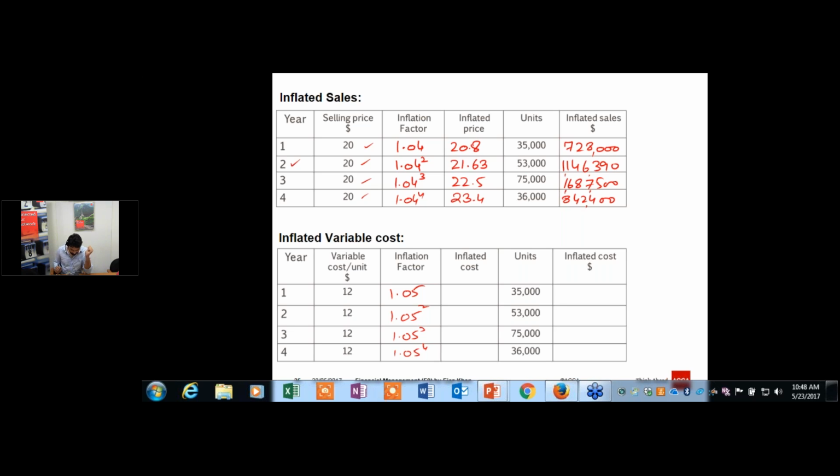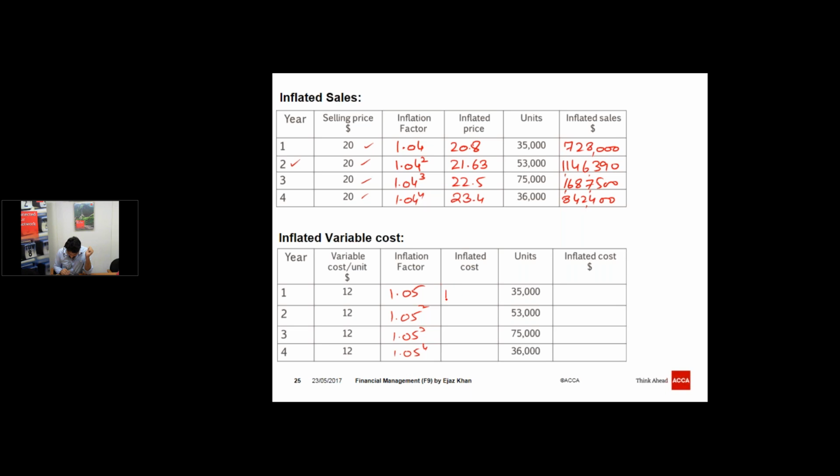Can you tell me the variable cost for year one? For year one, it will be 12.6. Okay, thank you, Sana. Everyone else should mention the year as well.